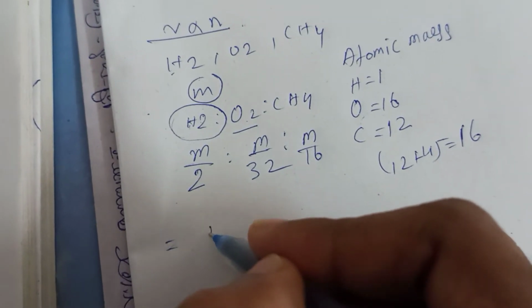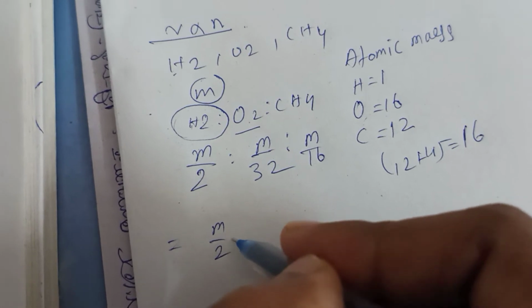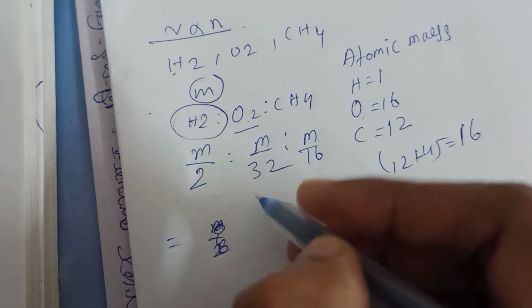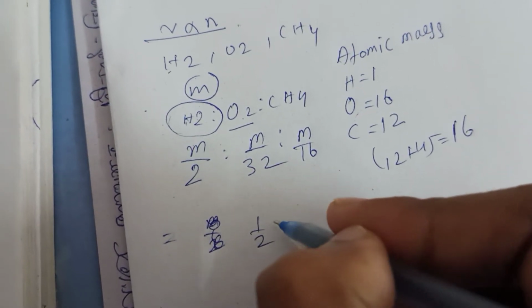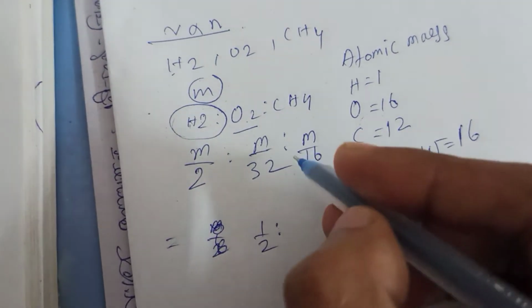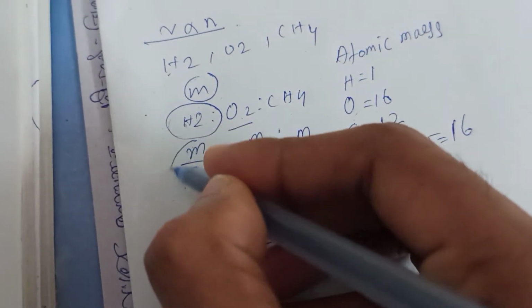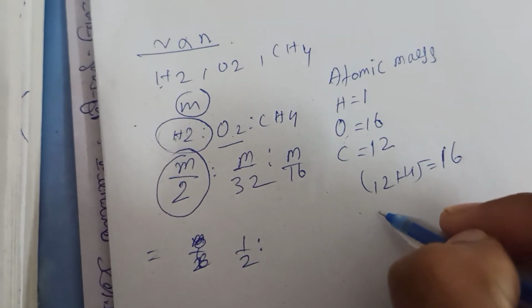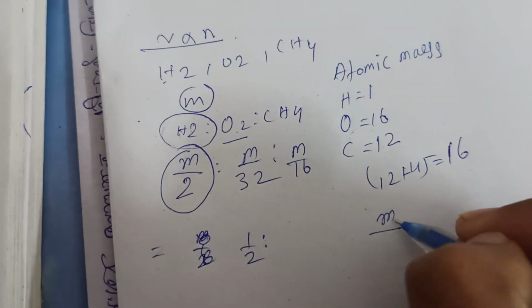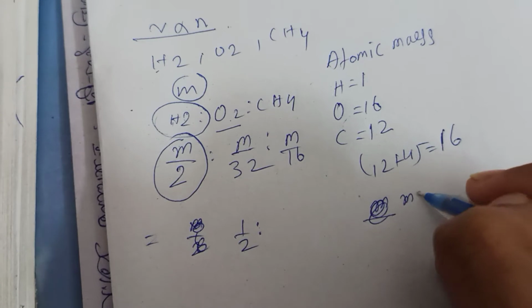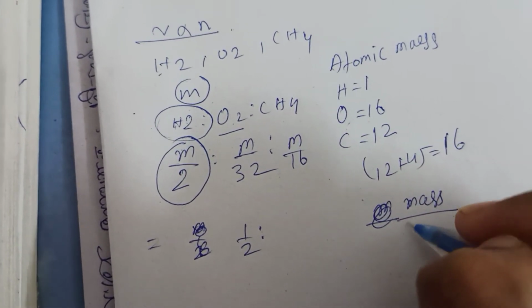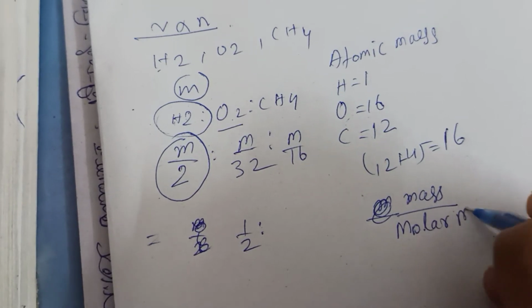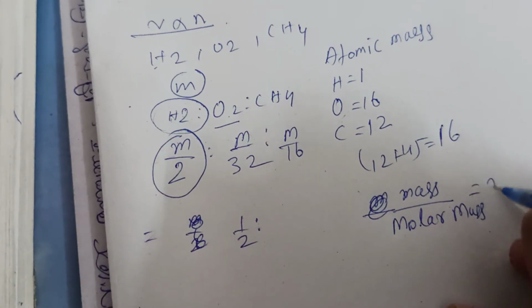Here the number of moles is equal to mass by molar mass, that is n.